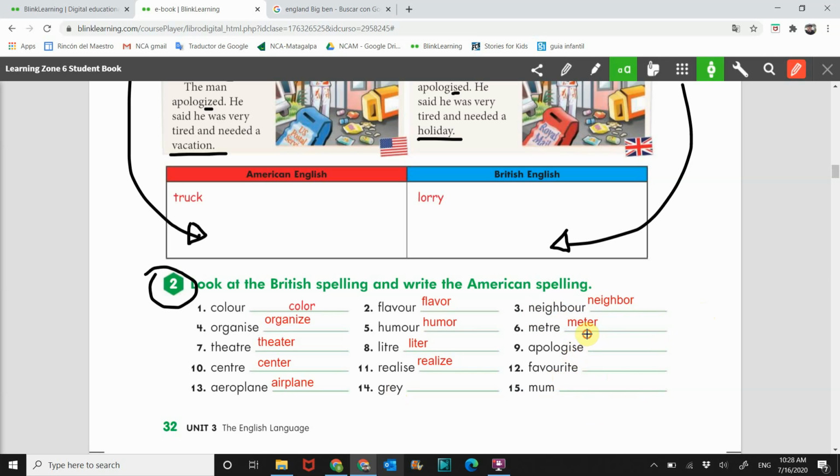And apologize, they use an S. We use a Z. And then there's O-U-R for favorite. And then they say mum for mom.